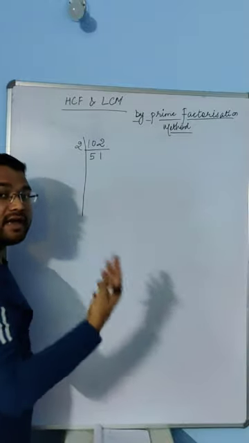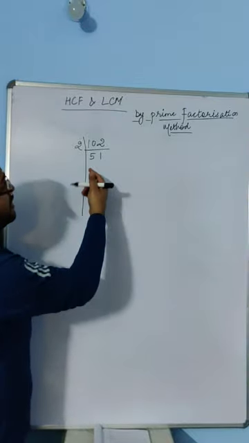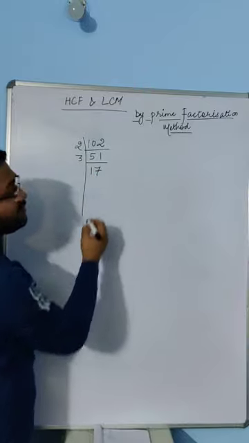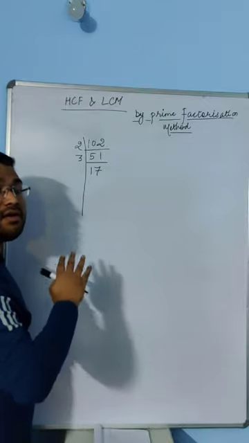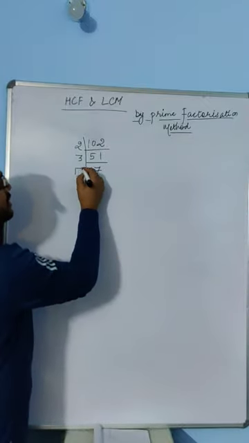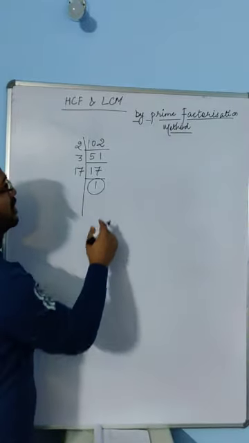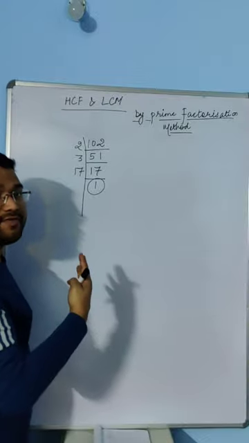If not 3, then we'll try 5, then 7, accordingly as per the number. If I divide 51 by 3, I get 17. Since 17 itself is a prime number, we do not have any other factor. So 17 divided by 17 gives 1. The moment you get 1, your prime factorization is complete. So this is how we do prime factorization.